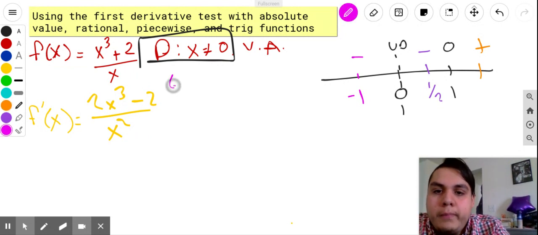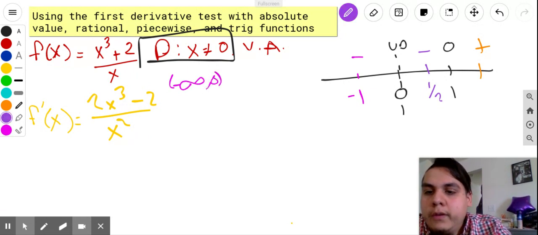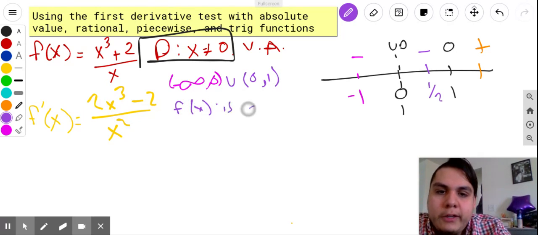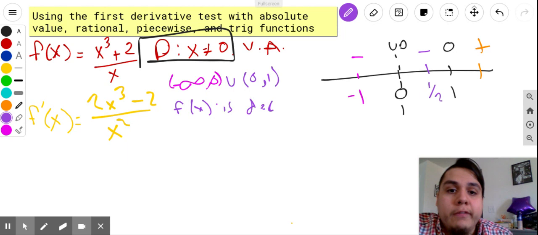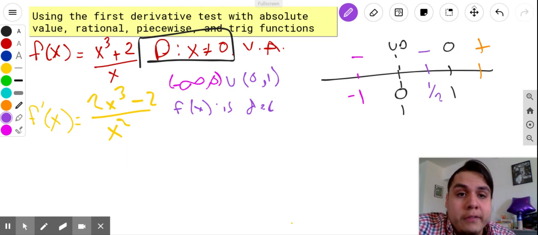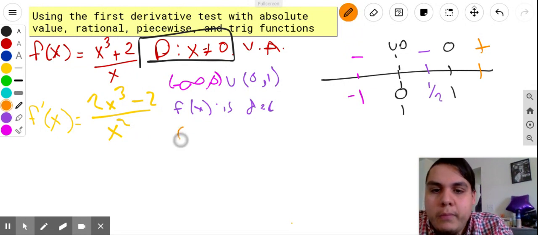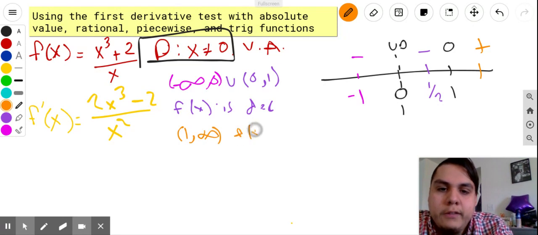From -infinity to 0, or from 0 to 1, f of x is decreasing because I have my derivative produce negative outputs when I tested those intervals. And I can also say that from 1 to positive infinity, f of x is increasing.